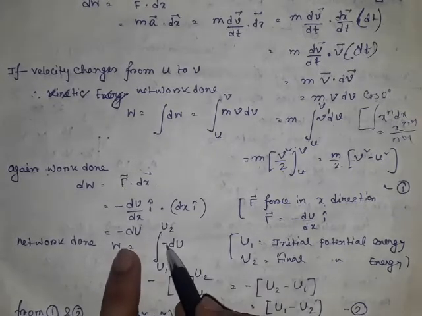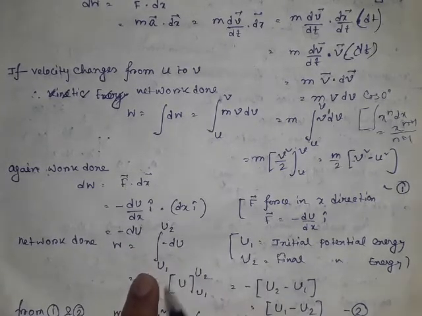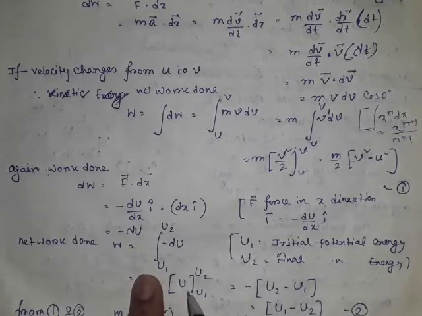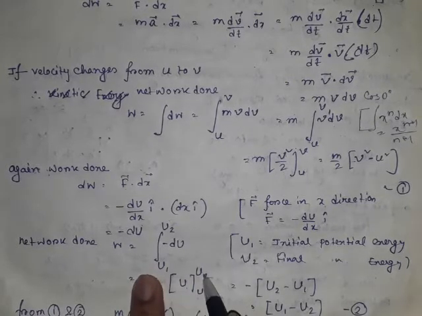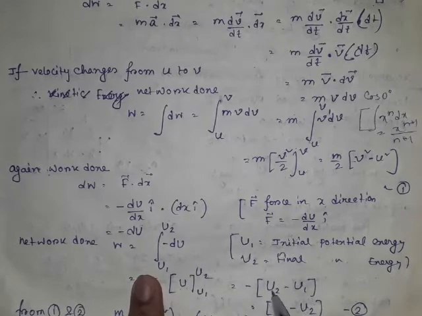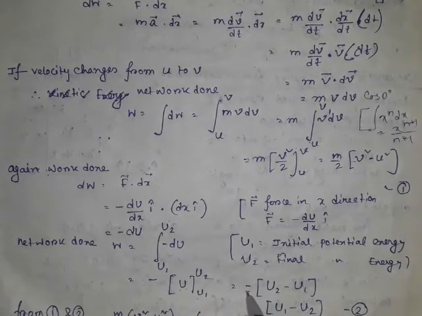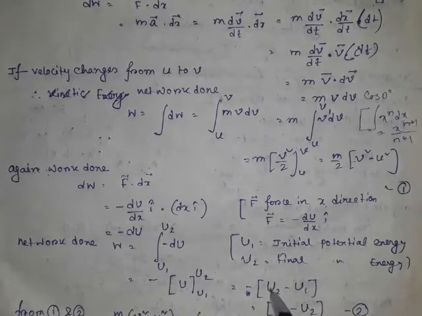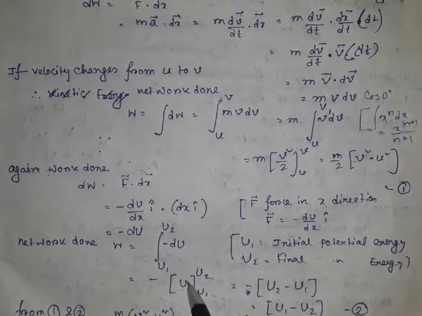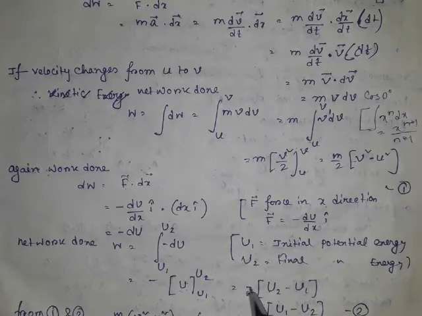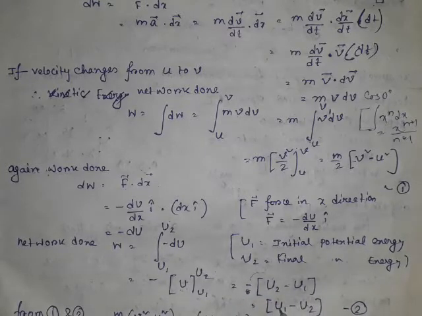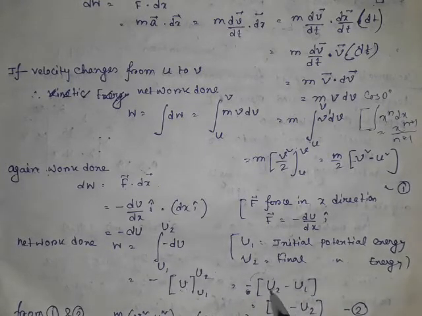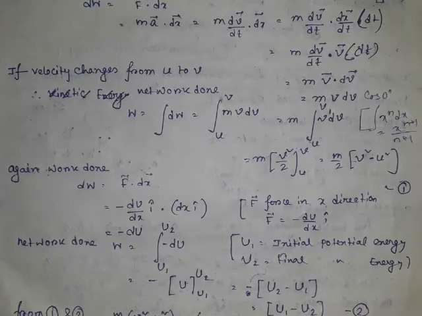Take this minus out, integration of dU will give you U, from U1 to U2. Put the upper limit first, U2 minus the lower limit U1. Now take this minus sign in: minus U1 will be plus U1 and plus U2 will be minus U2, so that will be U1 minus U2.